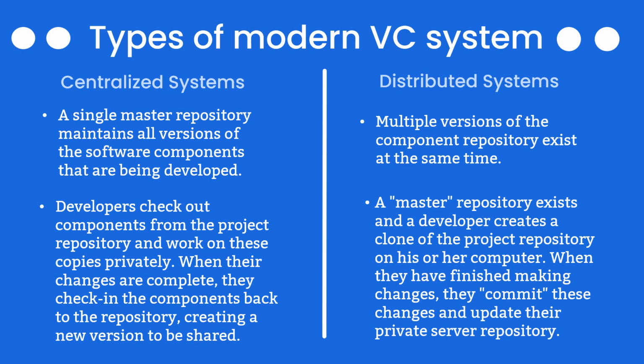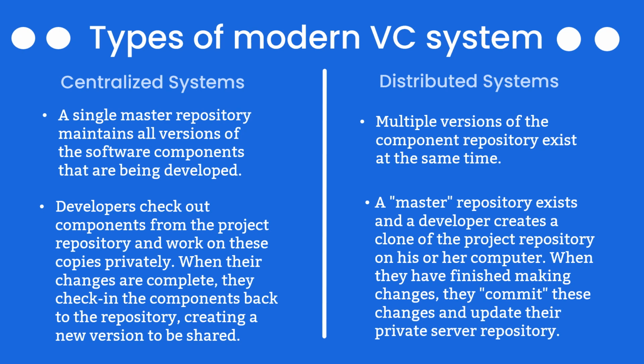In a centralized system, developers check out the components or directories of components from the project repository into their private workspace and work on these copies in their private workspace. When the changes are complete, they check in the components back to the repository, and this creates a new component version that may then be shared.